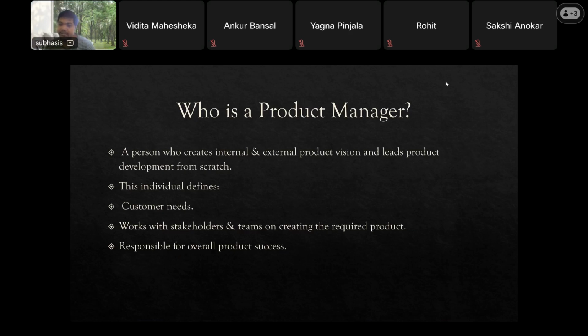Okay. Sakshi is saying next on EV. What about others? Okay. Ankur is saying he is going to shortlist 4 to 5 products via market research and then, given the range, compare the features. Okay. Anyone else? Vidita and others?